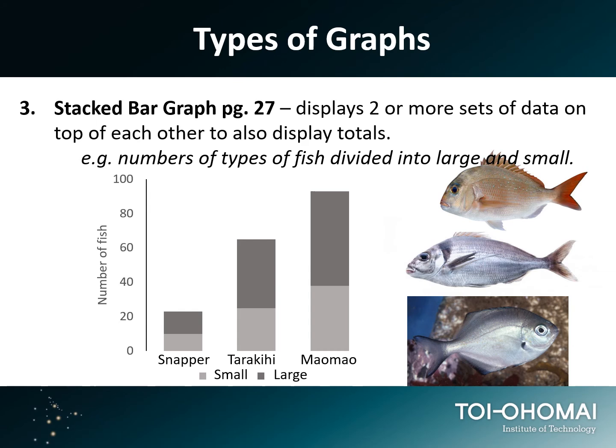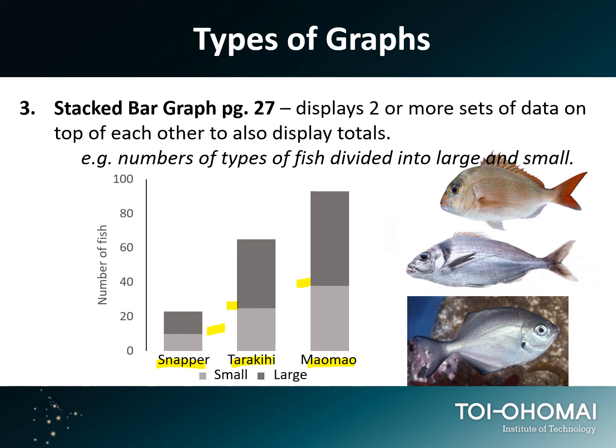Now, you don't have to display the two columns for snapper next to each other. You could also stack them. This is called a stacked bar graph or stacked column graph. And this is separated, like, let's say this small and large is the difference between the ones that are over the size limit and under the size limit. So if we're going to see the relative number of fish in total, but also show the size limits, we can do a category for snapper, a category for tarakihi and mau.